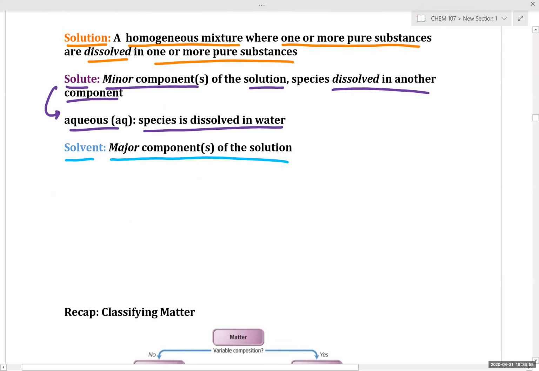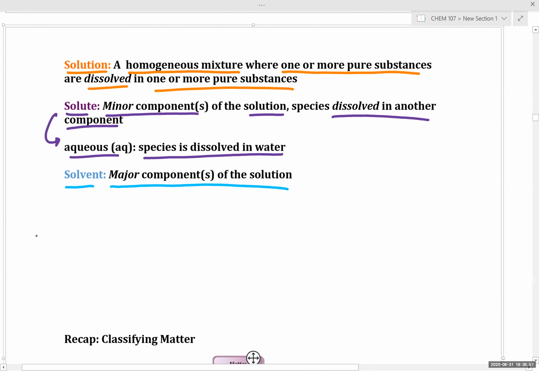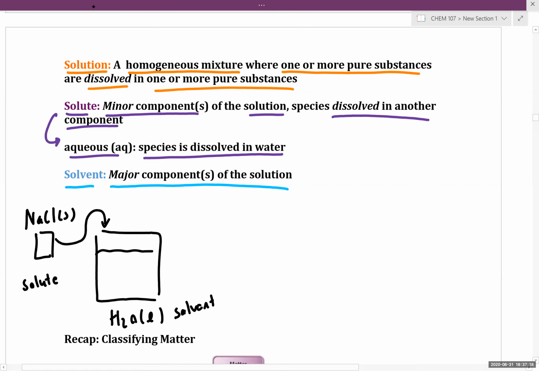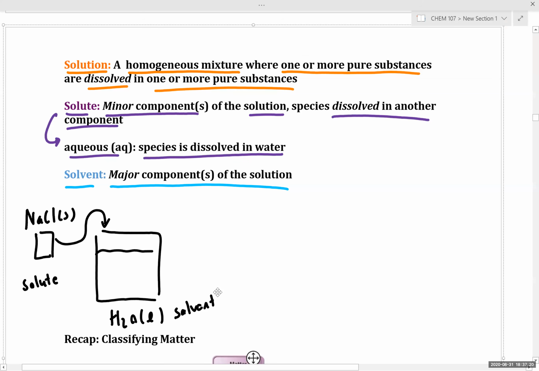Okay, so to give an example of a solution, if we take sodium chloride, table salt, sodium chloride will be our solute in this case. We dissolve our sodium chloride in a large volume of water. Water, in this case, will be our solvent. Let me label it as such.